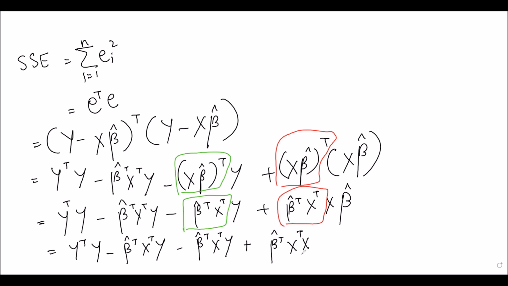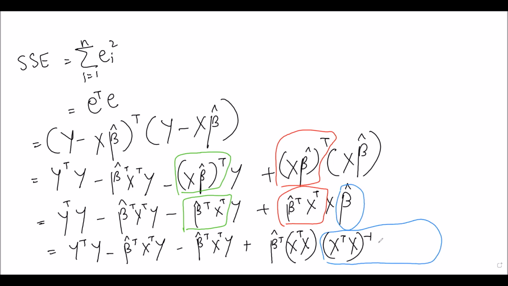X transpose X, and instead of beta, you can write X transpose X inverse X transpose Y, right?